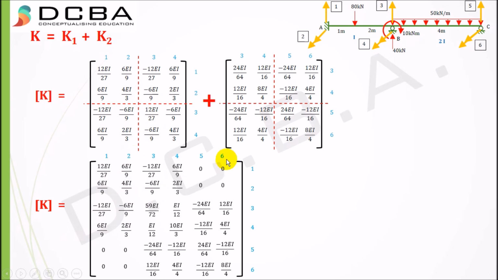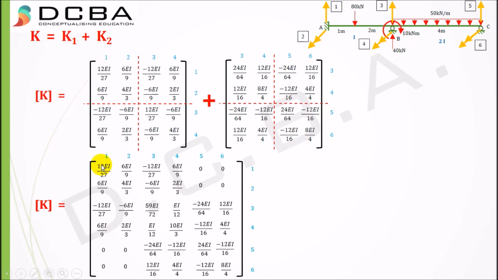Element ij, that is first row second column, is equal to element ji, that is element 2 1, second row first column. Element 3 4, that is third row fourth column, is equal to element 4 3, fourth row third column. So the lower triangle is equal to the upper triangle except the diagonal elements. Diagonal elements are different, only the lower triangle and the upper triangle are similar.